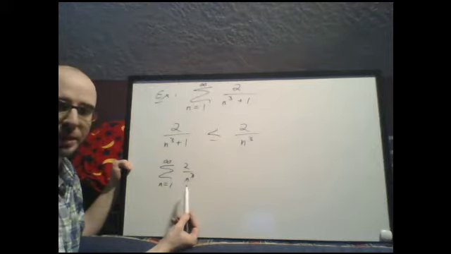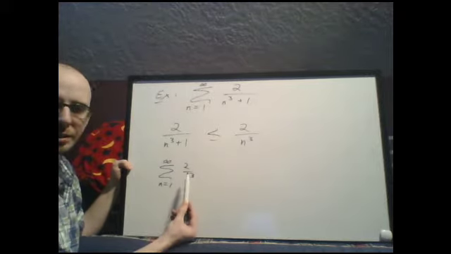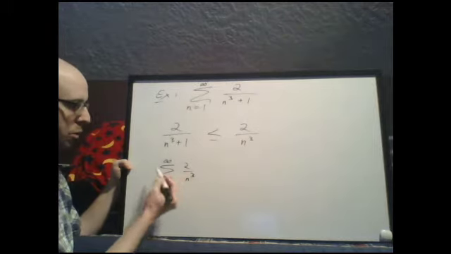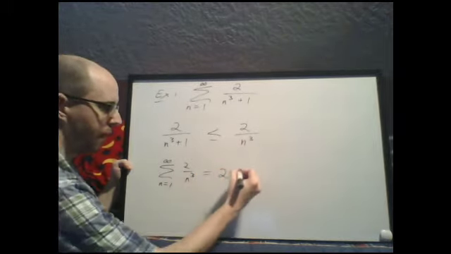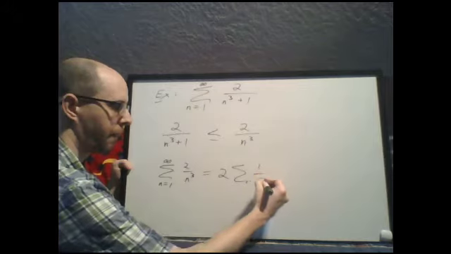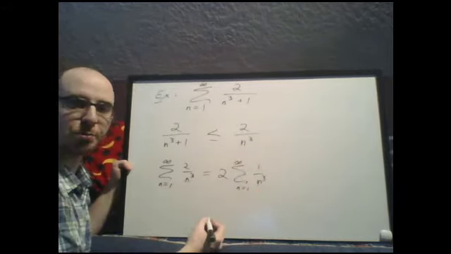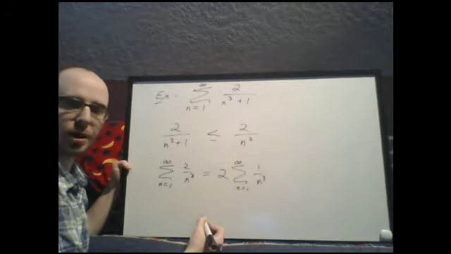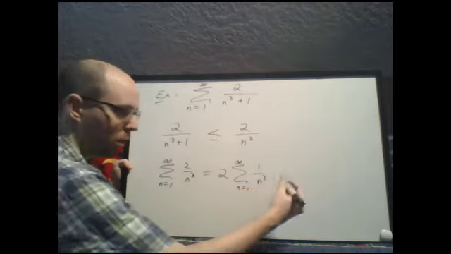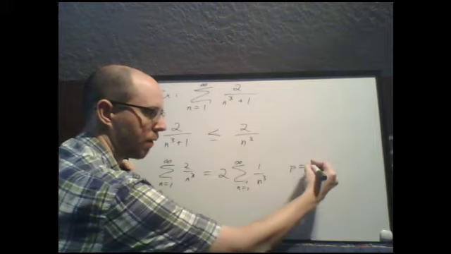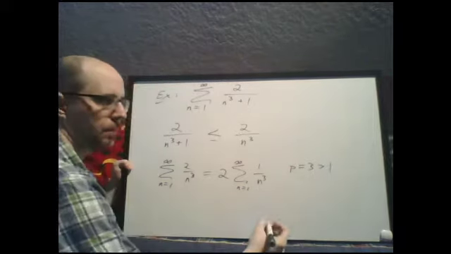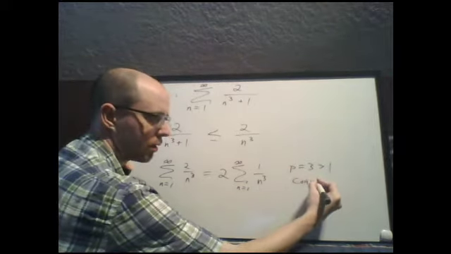That's basically a p series. The 2 doesn't affect anything. That's just a coefficient. If you like, you can pull the 2 out. One over n cubed, that's a p series. And p is 3, which is bigger than 1. So this is convergent.